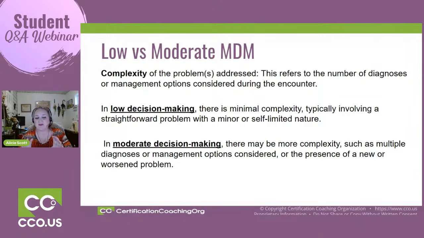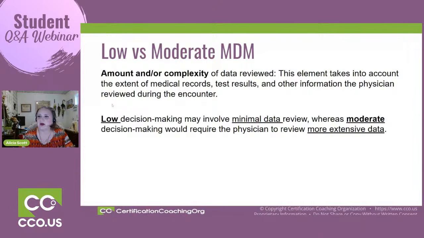But if we have multiple diagnoses, whether they interact with each other or not, the complexity of that medical decision making goes up for the provider. Now, there are still rules that surround what entails elevated medical decision making, but the basic framework is in place now. All right.